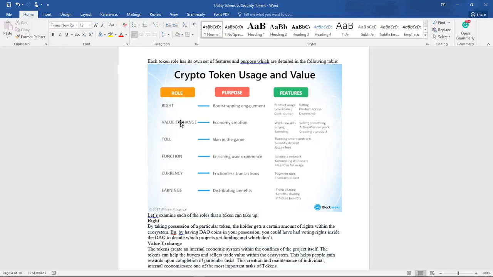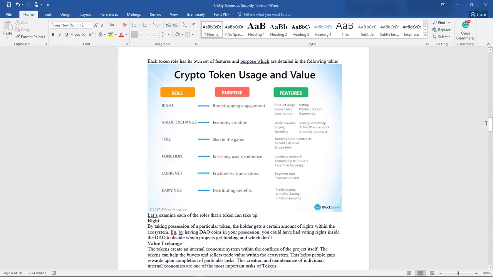That's what most people really focus on, trading and creating an economy. So the purpose of the coin is creating an economy, and the features that the coin provides are work reward, buying, spending, selling something, active or passive work, creating a product.